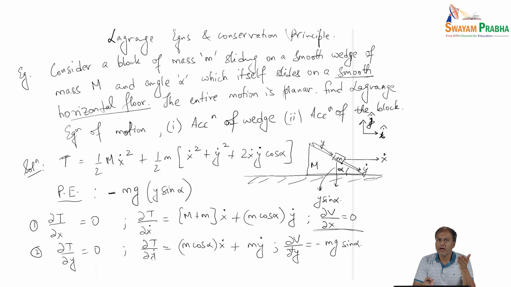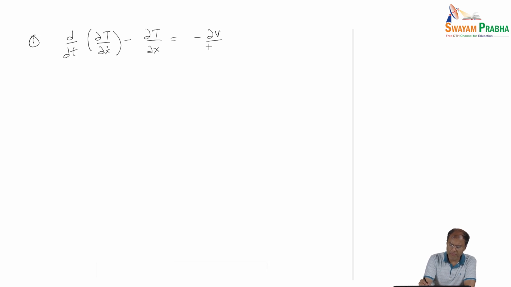So we write down the Lagrange equation for the conservative system. Here is what we have: d/dt of ∂T/∂x dot minus ∂T/∂x is equal to minus ∂V/∂x. So we have the Lagrange equation of motion.